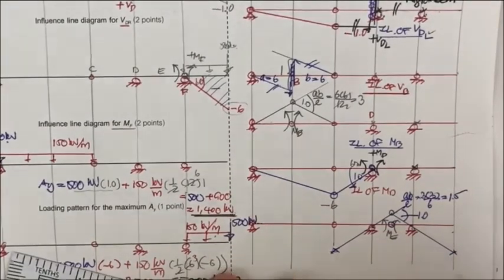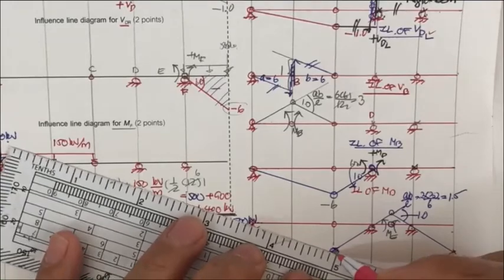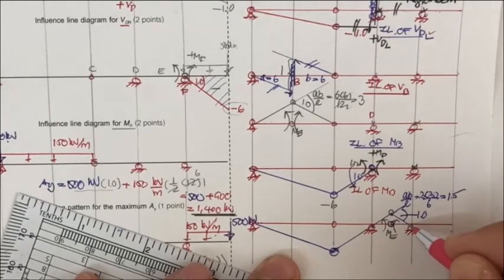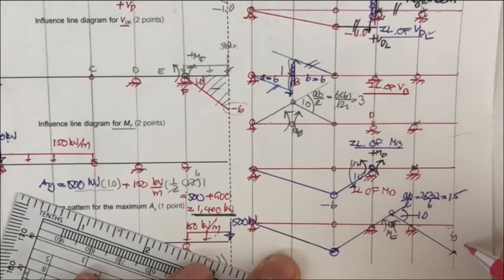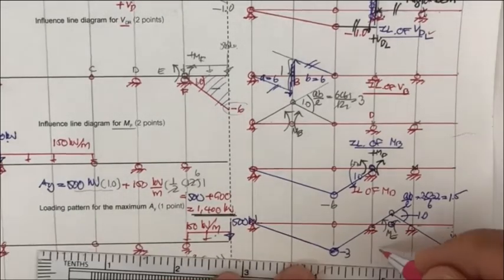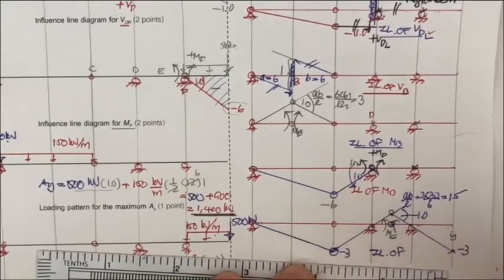It's not that hard. Just use similar triangles. You will get it. This is 1.5 divided by 3, and this is y. This is 6, so this is going to be minus 3, and this is also minus 3. This is the influence line of M sub E.